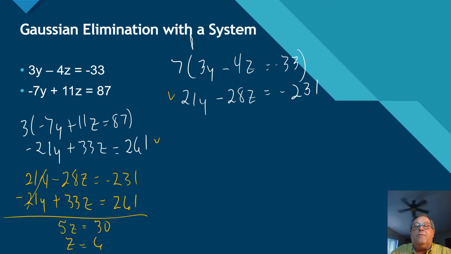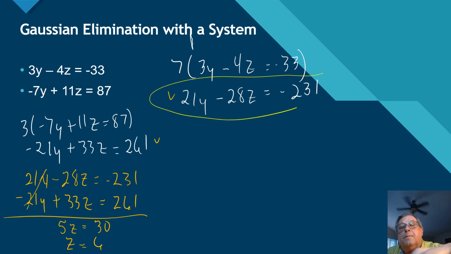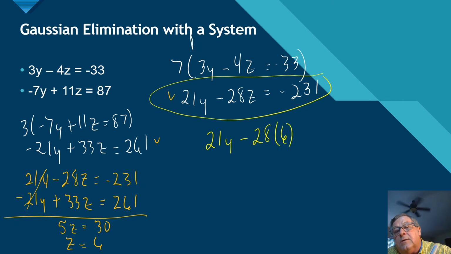Now we're going to take one of our two equations here, where we got it into two variables. We're going to work our way back up, and we're going to substitute 6 for z. I'm going to use this one right here. So let's say we got 21y minus 28 times 6 equals negative 231.